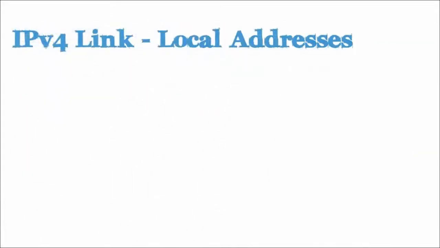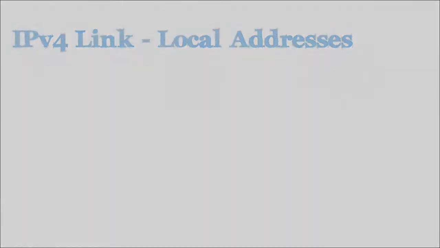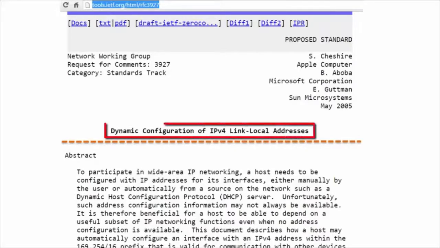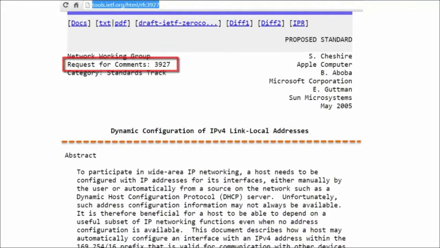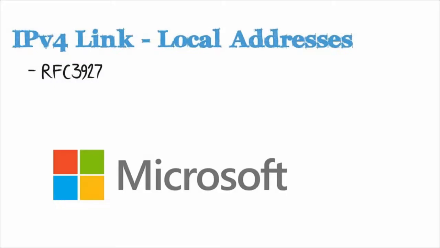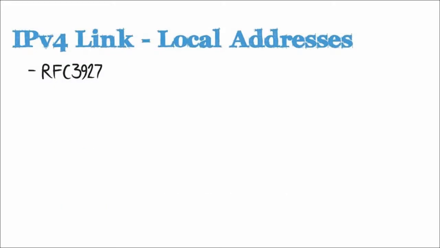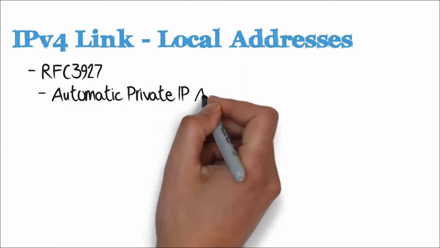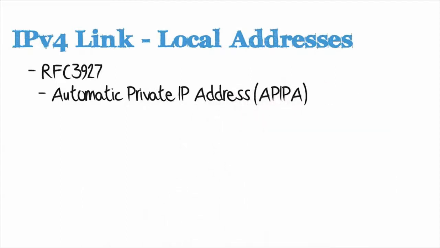The next special IP address range is the IP version 4 link local addresses, or more formally, dynamic configuration of IP version 4 link local addresses as per RFC 3927. Microsoft referred to this address configuration method as automatic private IP addressing, or APIPA.